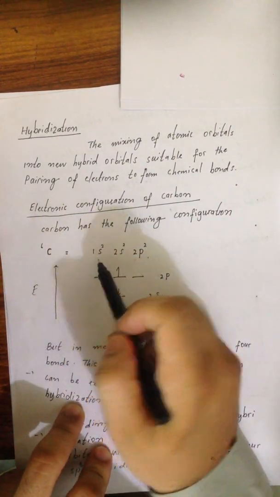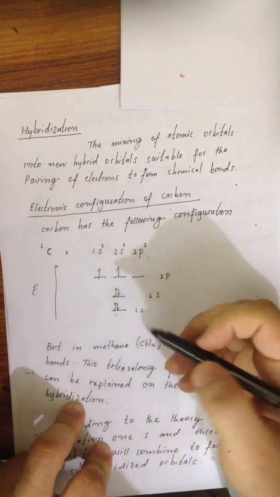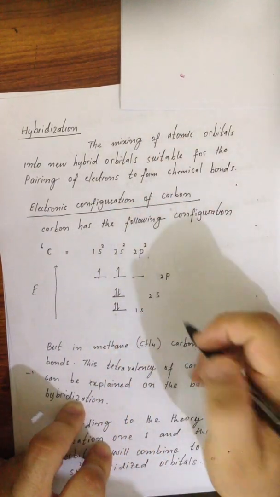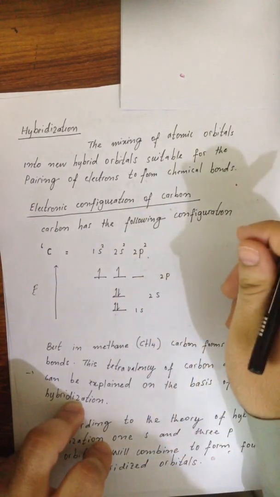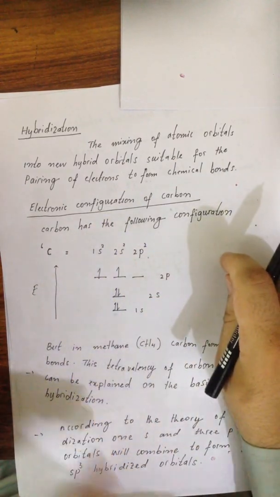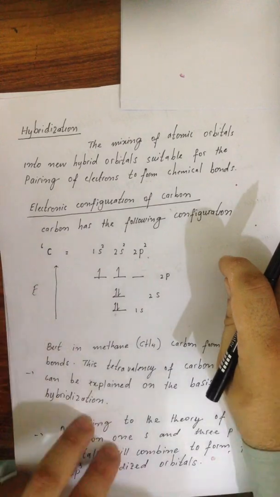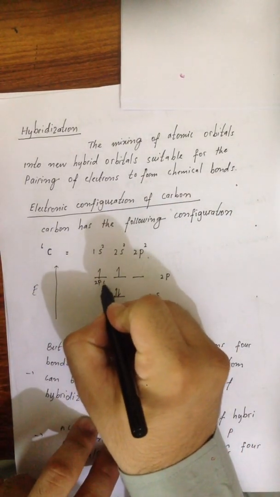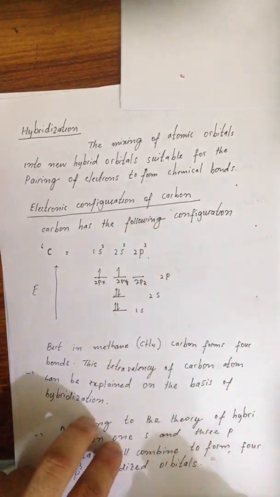The 1s orbital is the lowest energy orbital. Then you have the 2s, and then you have the 2p orbital. The 2p orbital has 3 orientations, so it can be divided into 3 components: the 2px, the 2py, and the 2pz component.